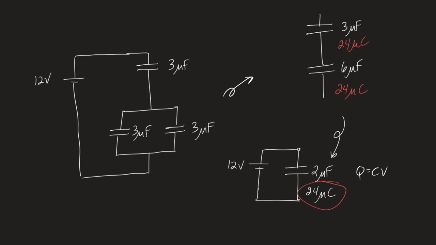I now forget the simplified circuit and only work on the 2 that are in series. I have the charge. I now need the voltage. So I'm going to try and find the voltage across each part by using Q equals CV.